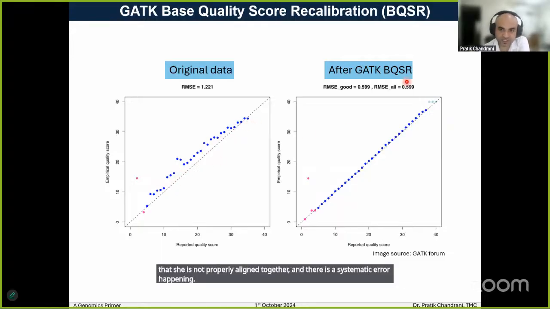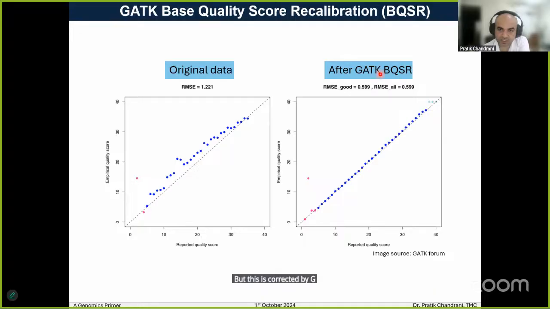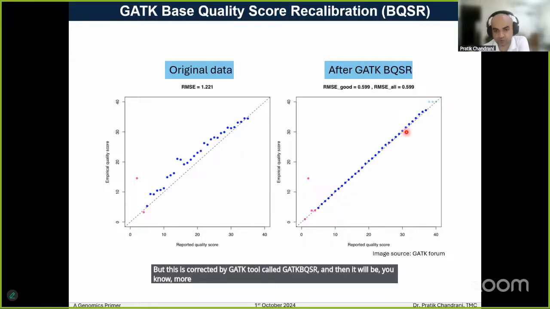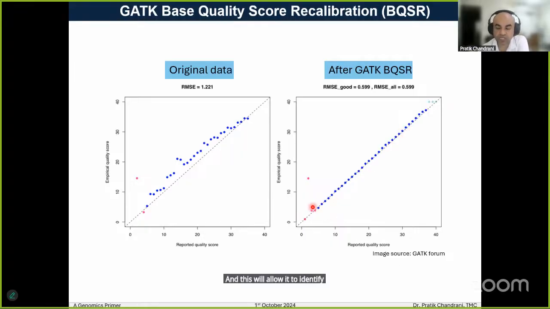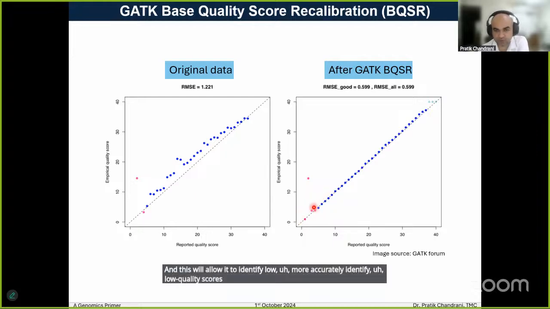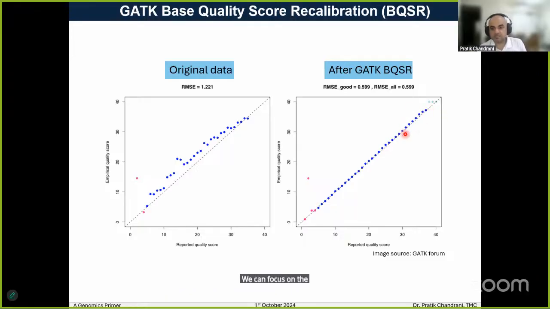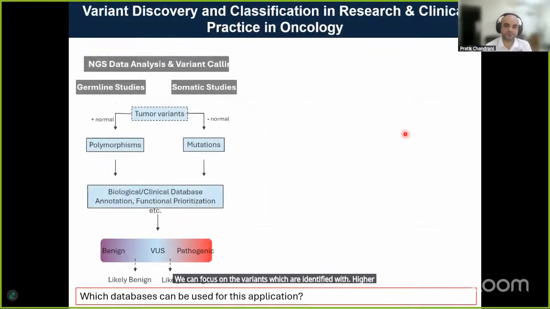So this is corrected by the GATK tool called GATK BQSR, and then it will be more appropriately aligned, and this will allow us to more accurately identify low quality scores and remove them from mutation analysis so that we can focus on the variants which are identified with higher confidence.